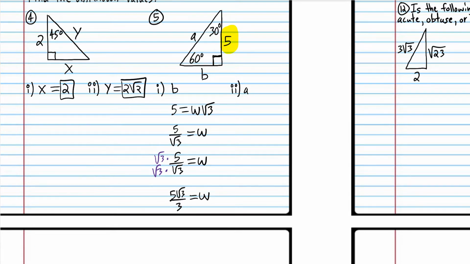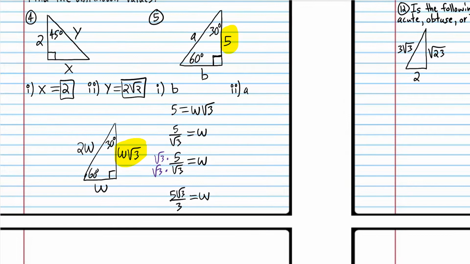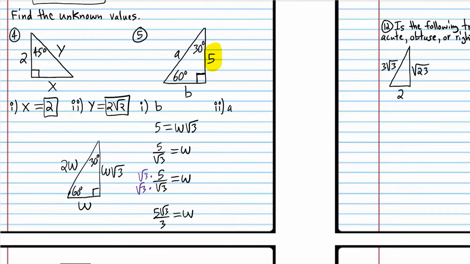Let's go on to part A. Now we know W is 5 root 3 over 3. I guess I shouldn't have erased that. So we know what W is. So first of all, let's say B is equal to whatever W is, which is 5 root 3 over 3, because B is the opposite side of 30.